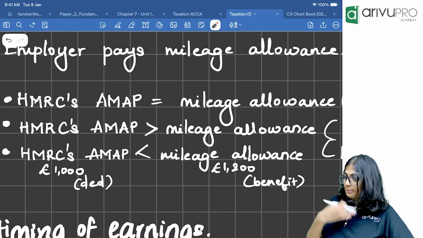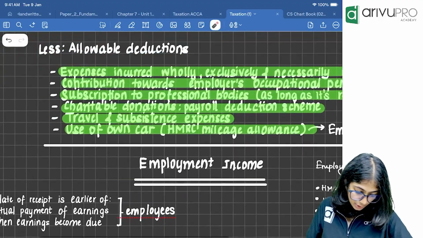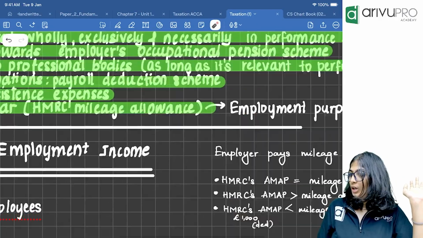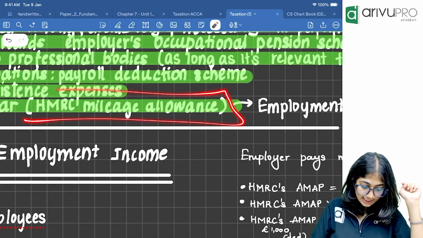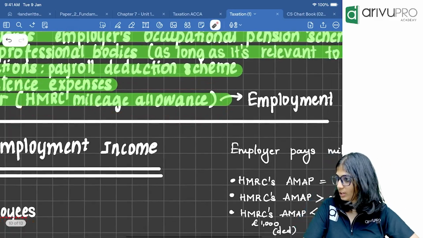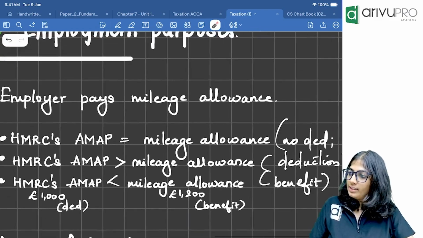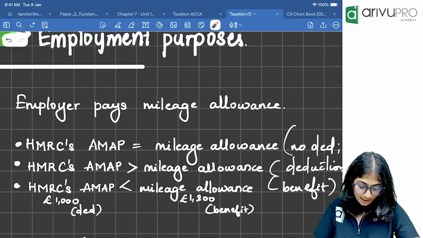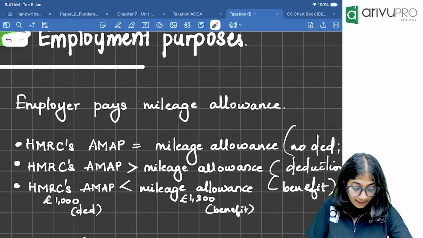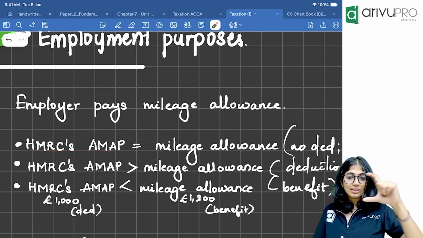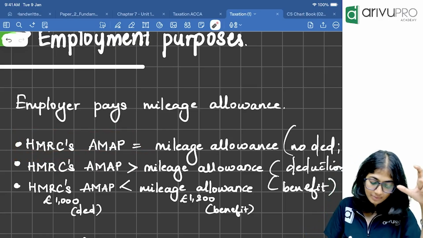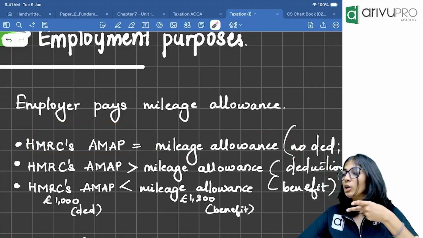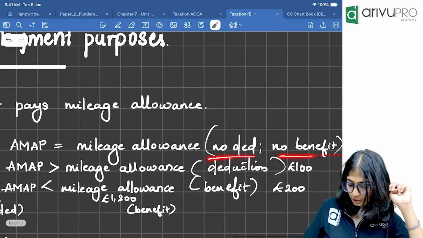Now, let's look back at a snapshot. You are using your own car for business purposes. You can claim a deduction that is equivalent to HMRC's mileage allowance. But let's say your company pays a mileage allowance. What's going to happen? If HMRC's AMAP, that is the portion that will be given to you in the exam, is equal to the mileage allowance provided by the employer, then there's no deduction, no benefit.